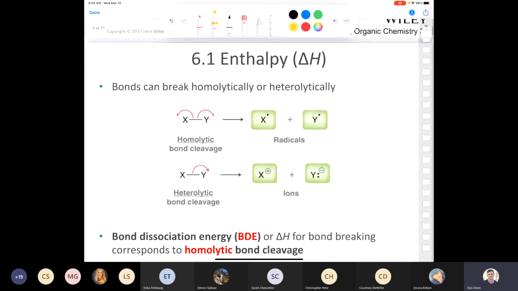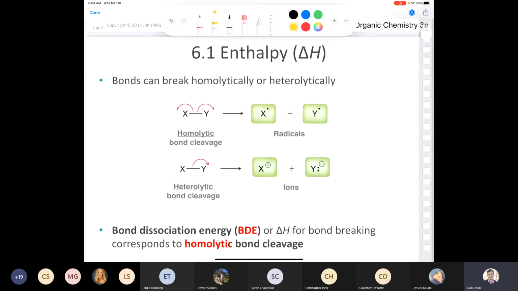Okay. Well, there's a couple of ways that bonds can break. They can break either what's called homolytically or heterolytically. Now, homolytic bond cleavage is when the bond breaks to form two radicals. And I went over this arrow with you a couple times already in class, but when you have an arrow like this with one barb on it, that's called a fishhook arrow.